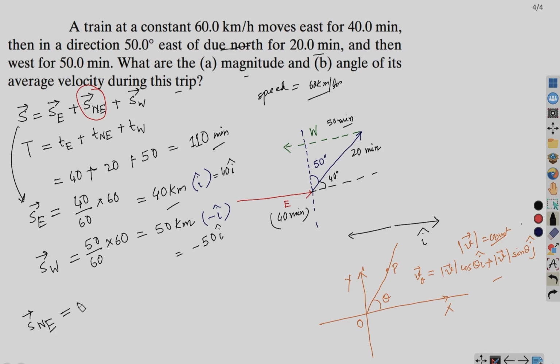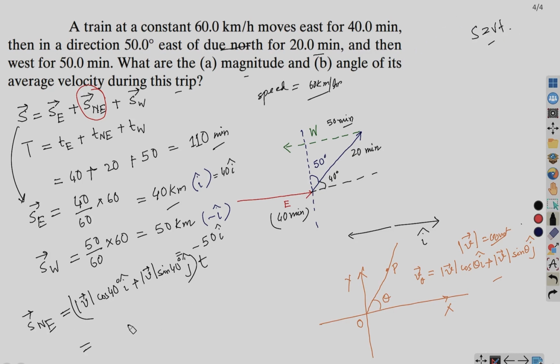It is the speed times cosine 40 I cap plus sine 40 j cap times t. This is the displacement by using the formula S equals Vt.